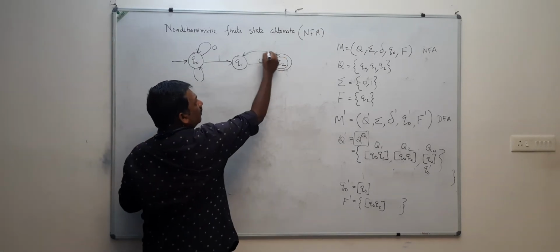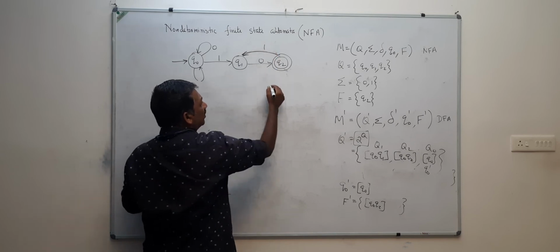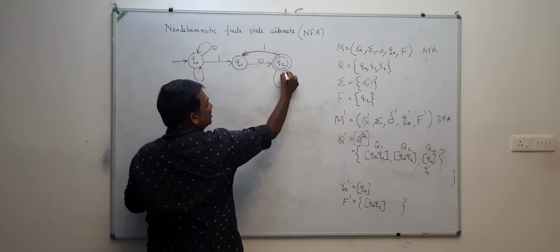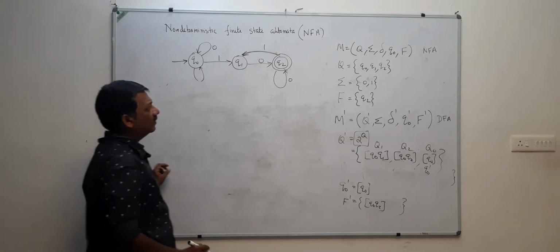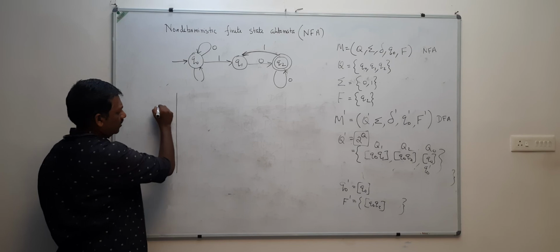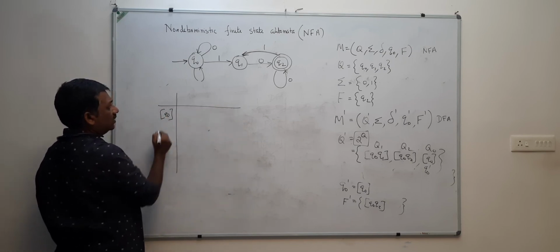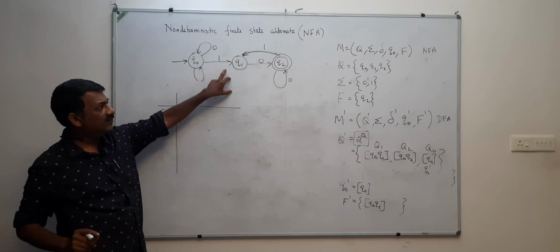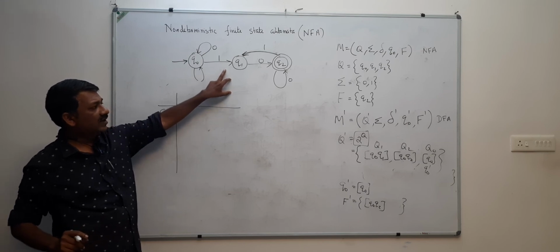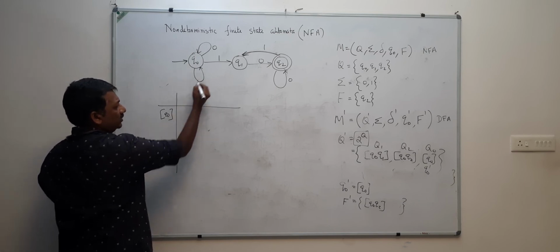Here you have a transition represented by 1, and suppose that this is 0. What will happen? Initially, we are starting with the state q0, and this is the NFA, and I am going to write the equivalent DFA.